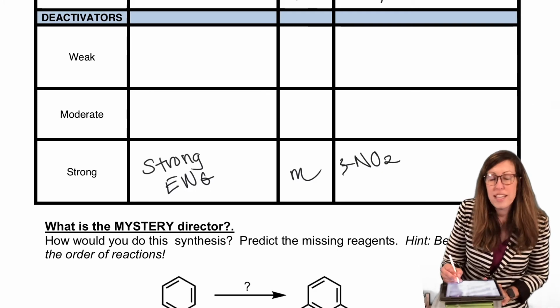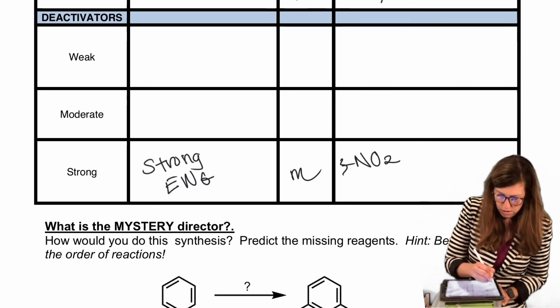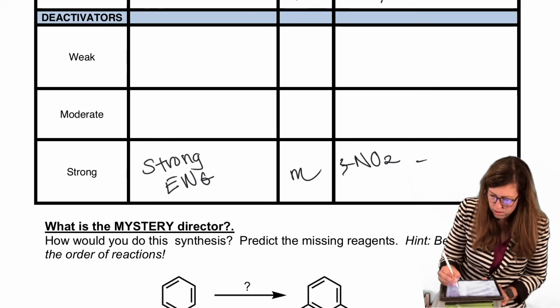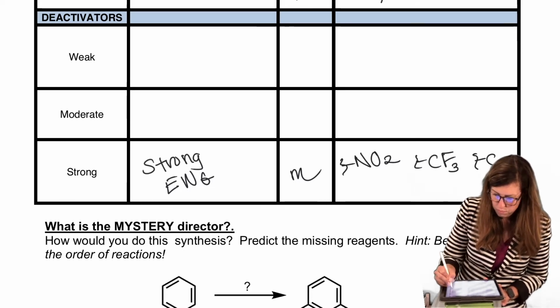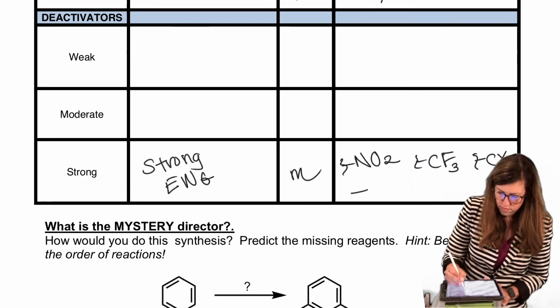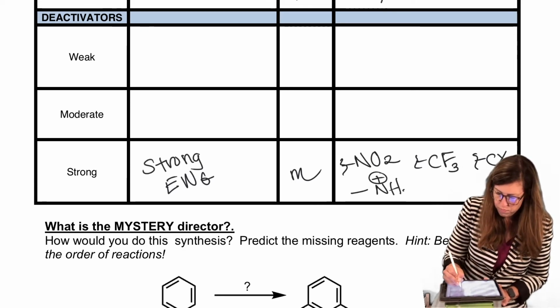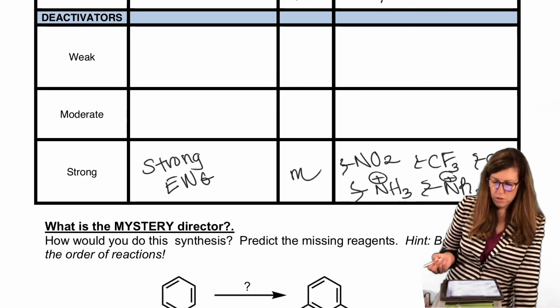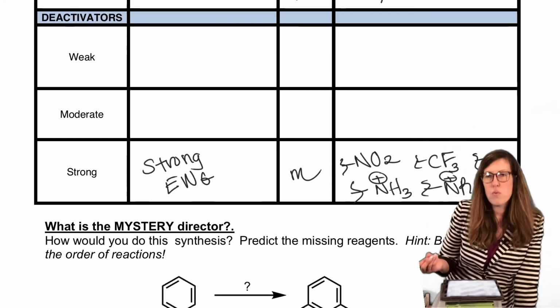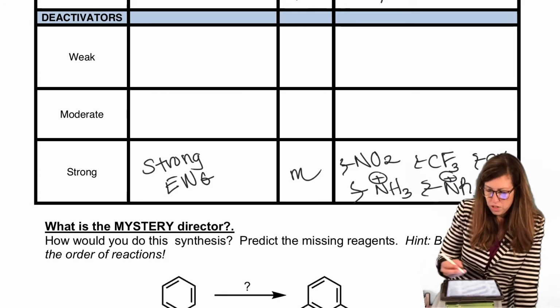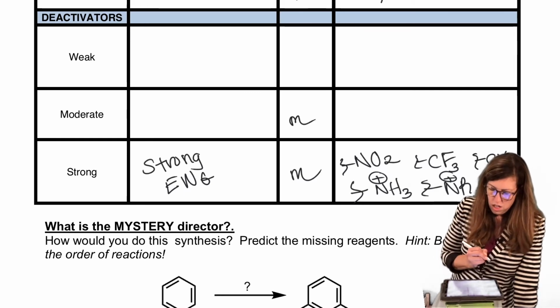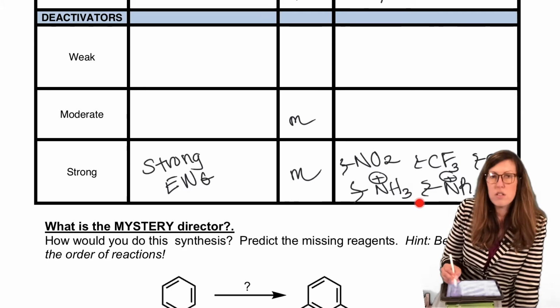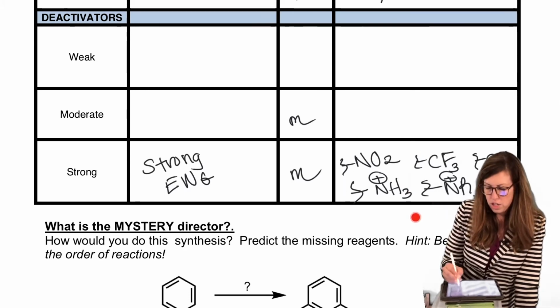Others that can fall in that category are CF3 or CX3, and the positively charged ammonium. Strong electron withdrawing group. You don't really have to be too concerned about the internal ranking between each of those, just know that they fall in the strong category.